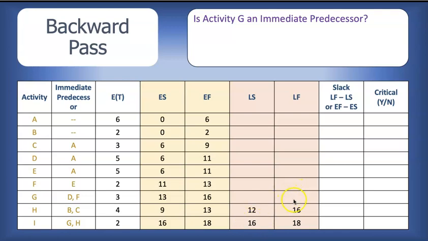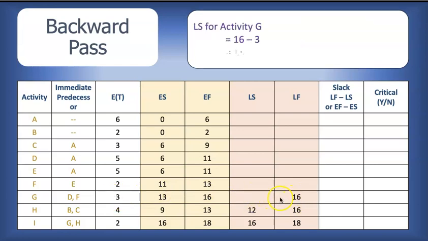So activity G has to end by the latest week 16 to be able to pass the baton at that time. For the latest start time, we simply subtract the expected time of 3 weeks. So 16 minus 3, 13.